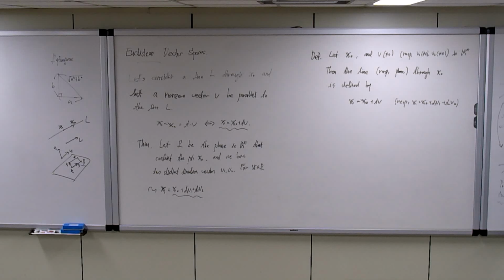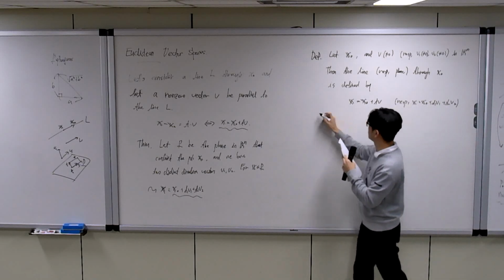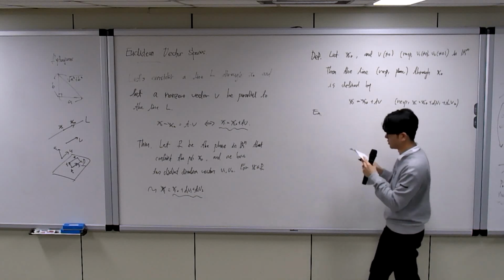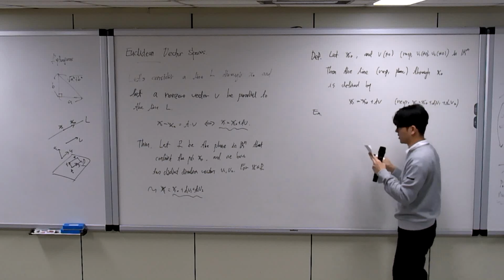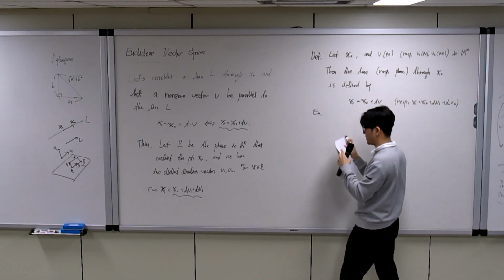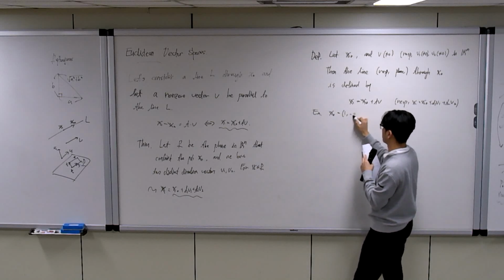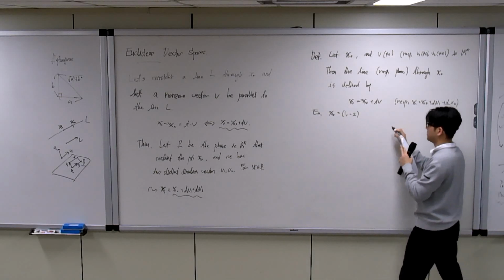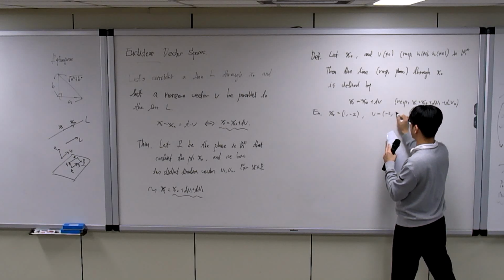And for an example, let me give one example. We'll find the vectors in the line, where x0 is (1, -2) and the non-zero vector v is (-2, 3).